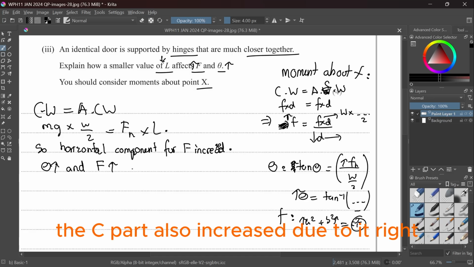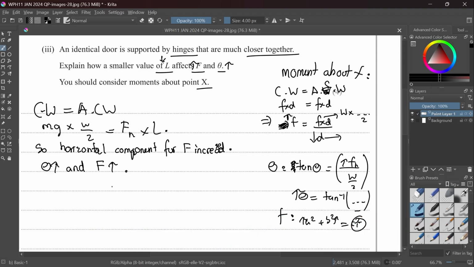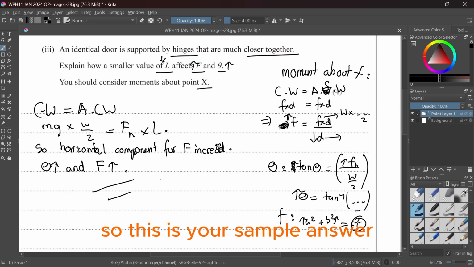The C part also increased due to it. So you just have to explain all of these points that we did in part 1 and part 2, and then it will be your answer. So this is your sample answer.